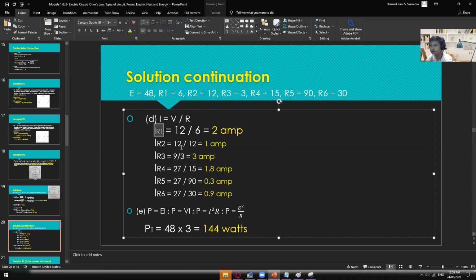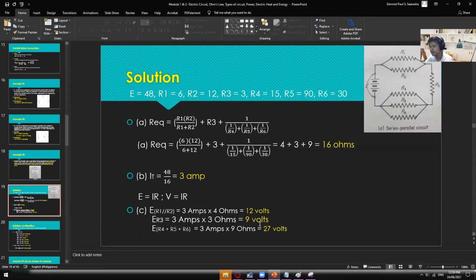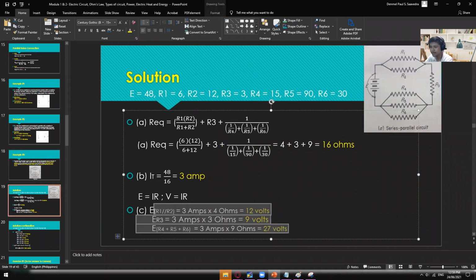For R2, 12 divided by 12, which is equal to 1 amp. IR3 is 9 divided by 3. So all you need to do is get the individual voltages that are coming from your answer right here.